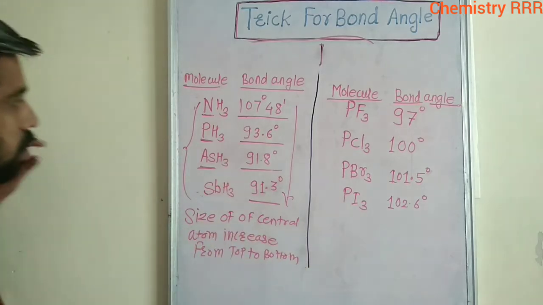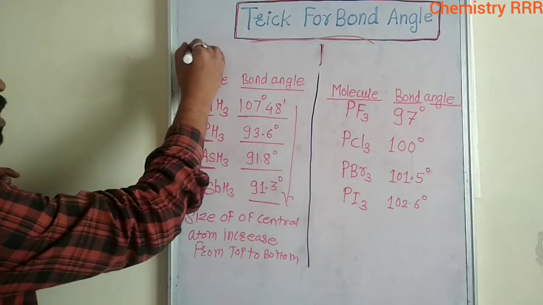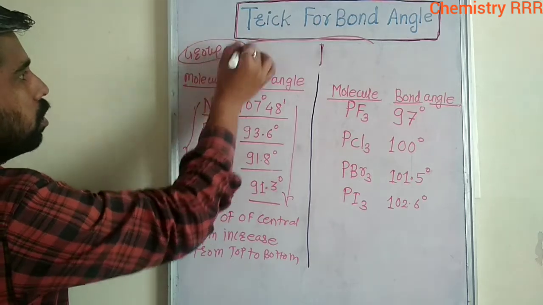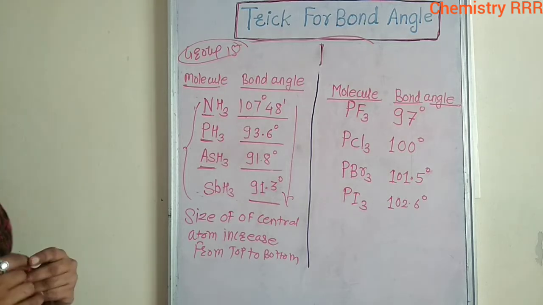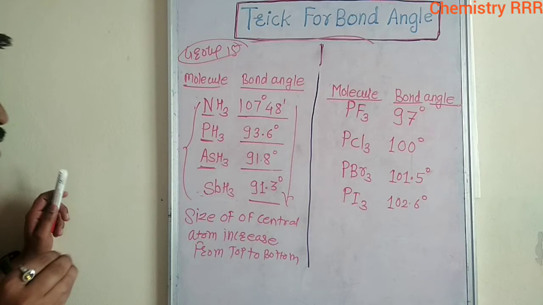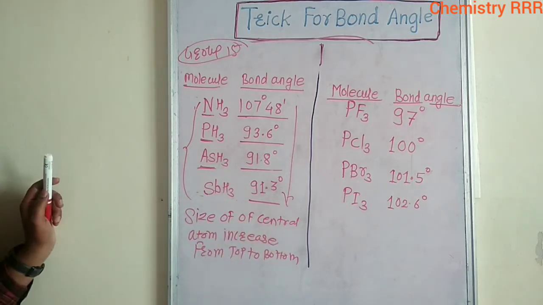All the central atoms are group 15 elements. Now, what is the effect of increasing the size of the central atom?